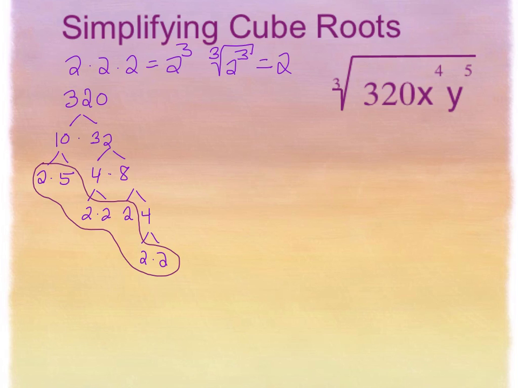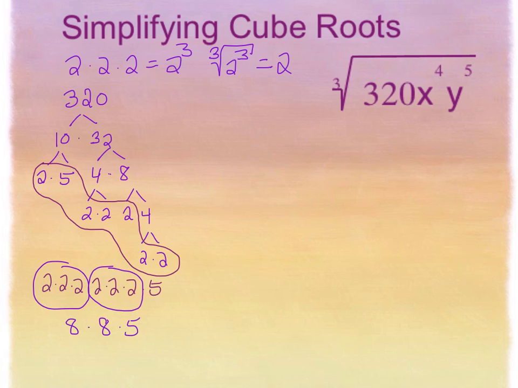Let me rewrite them. We've got 6 2's. I'm going to write them all out. And 1 5. And here is a cube because we've got 3 numbers. And here's another cube. Okay, so we have basically the number 8 times 5 represents the number 320. And we've got our greatest perfect cubes there, 2 8's.